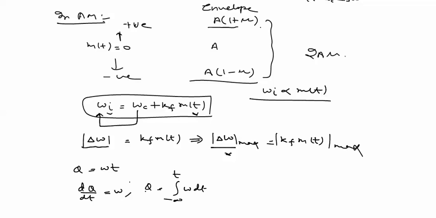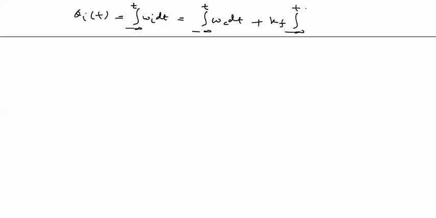Applying this, we get the instantaneous angle. The integration of the instantaneous frequency from minus infinity to t of omega c dt plus kf, a constant that comes out of the integration, times m(t) dt.